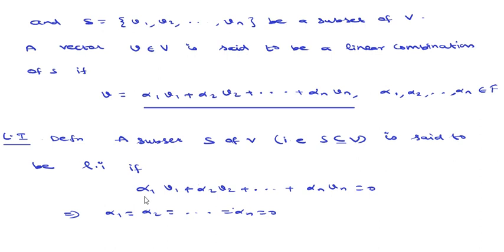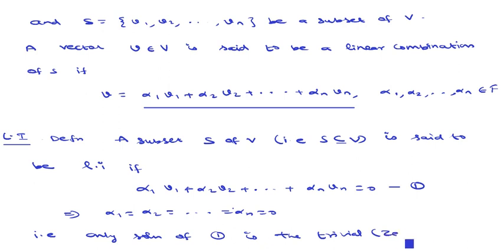That is, the only solution of this equation alpha 1 V1 plus alpha 2 V2 plus etc plus alpha n Vn equal to 0 is alpha 1 equal to 0, alpha 2 equal to 0, and so on, alpha n equal to 0. Let us call this equation 1. The only solution of this one is the trivial solution or zero solution.